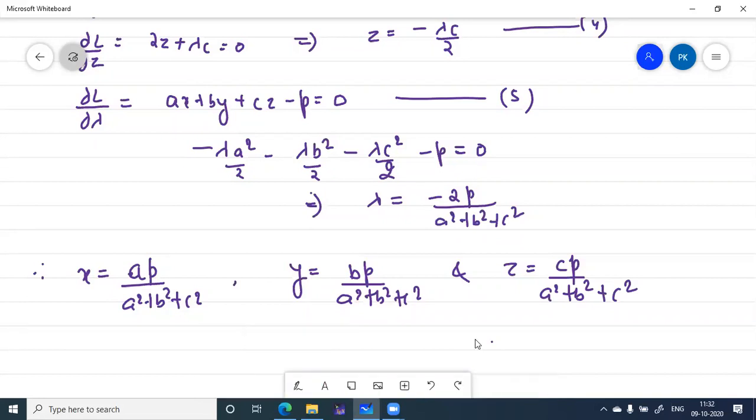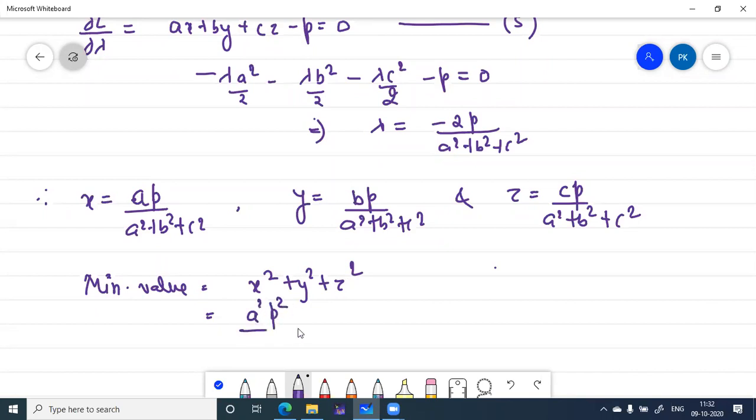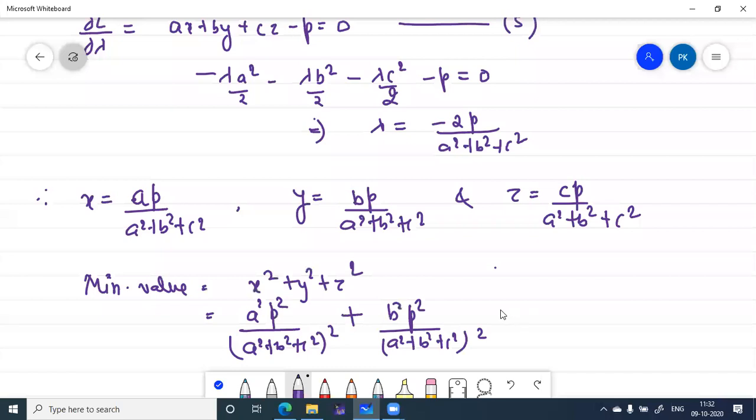So we get the minimum value. The function given in the problem is x square plus y square plus z square. So substituting these values here, x is a square p square by a square plus b square plus c square whole square, y is b square p square by a square plus b square plus c square, again whole square, and c square p square by a square plus b square plus c square whole square.